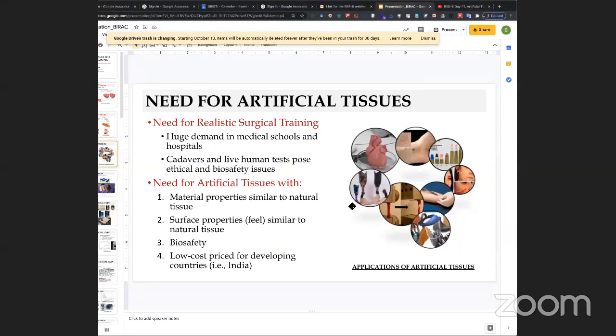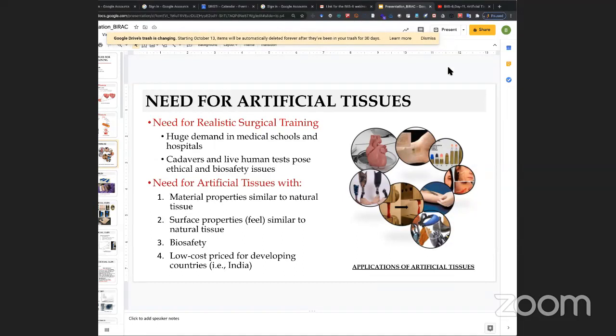Thank you. So basically, right now, cadavers are the ones which are used in a hospital for surgical training. Every year, lots of doctors, before they operate on you or me, need to train a lot on different kinds of soft tissues. And our entire human body has just bones and soft tissues. Every organ has soft tissues.